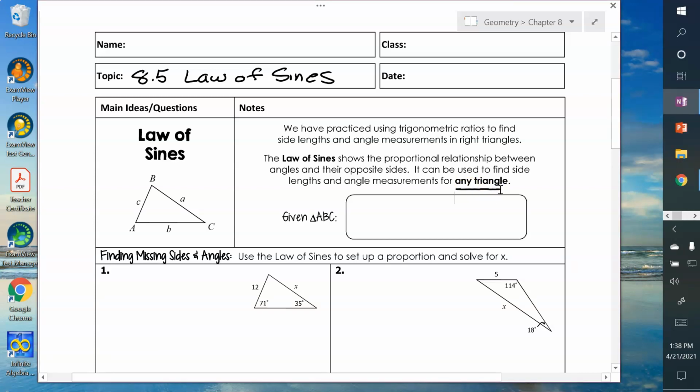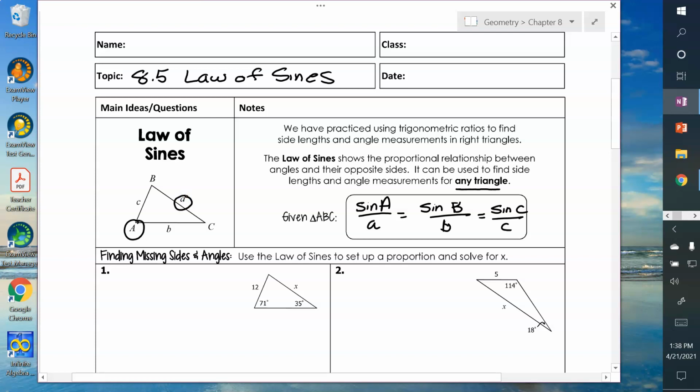And the law of sines is a proportion. What it says is the sine of angle A divided by the length of side A equals the sine of angle B divided by the length of side B, which equals the sine of angle C over the length of side C. If you look at my picture over here, if I have the sine of angle A and opposite it is side A, so those two are a proportion.